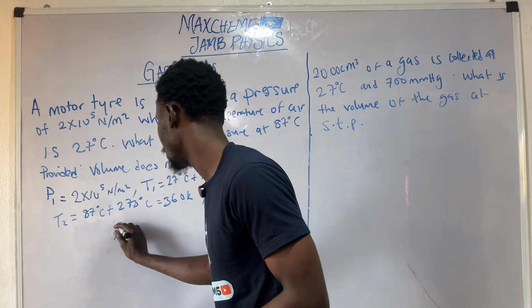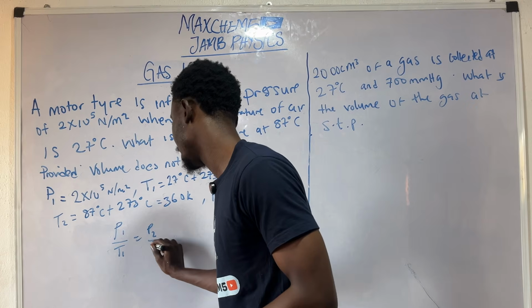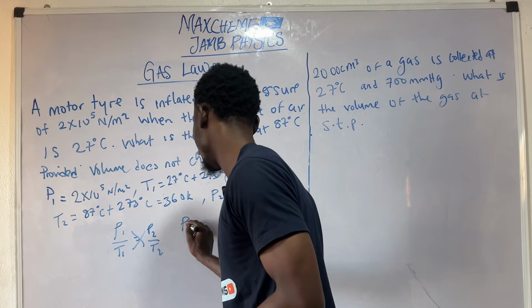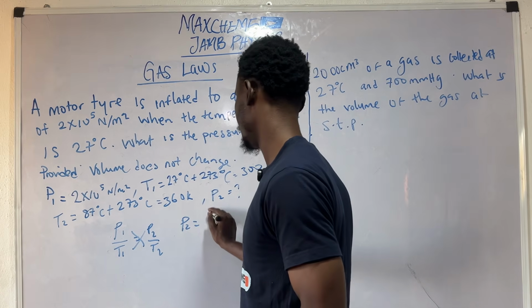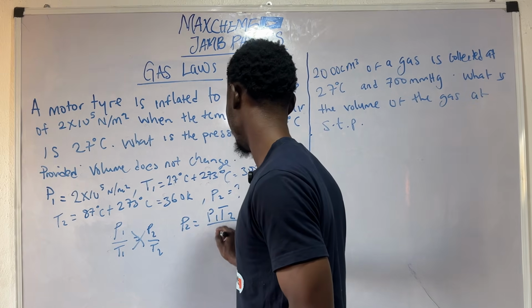And we know from pressure law that P1 over T1 is equal to P2 over T2. So cross multiplying, we have that P2 is equal to P1 T2 over T1.